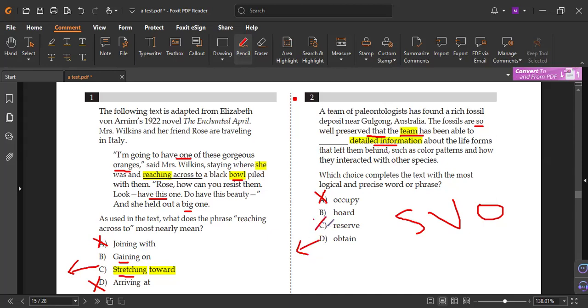And of course, it does not mean to reserve, because there is no explanation that they are going to reserve the information or hide it from stealing or spies. So it does not make any sense. And here it's the opposite. So here, to obtain. That's why. Got it?